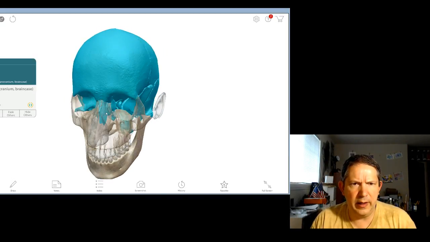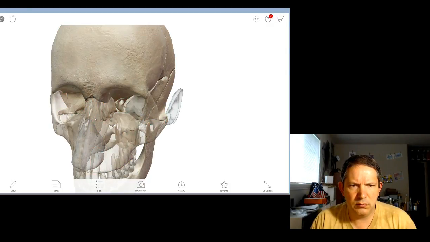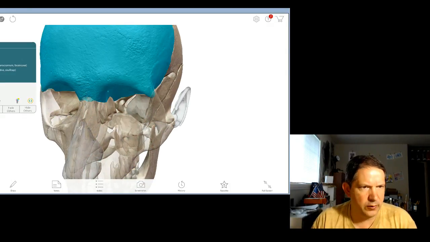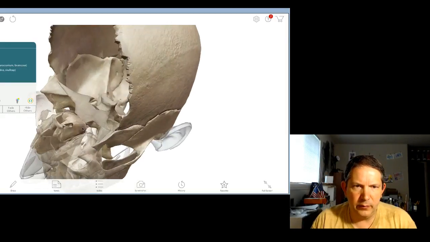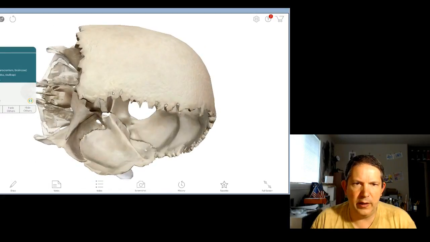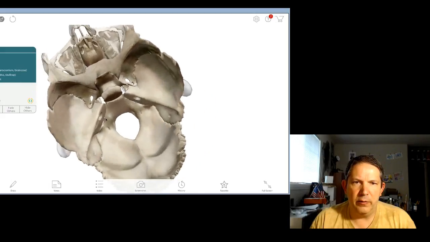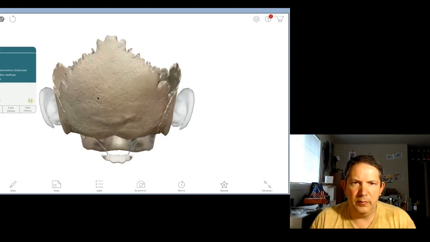Let's go to the ethmoid bone. Let's remove the frontal bone, and let's move the parietals out of the way. Now this is easier. Okay, so I'm looking at the skull from the back view.